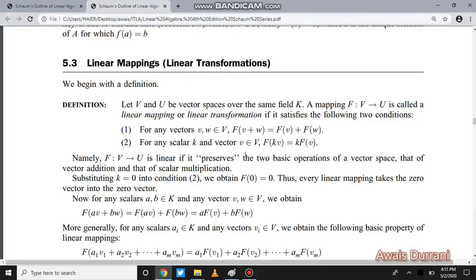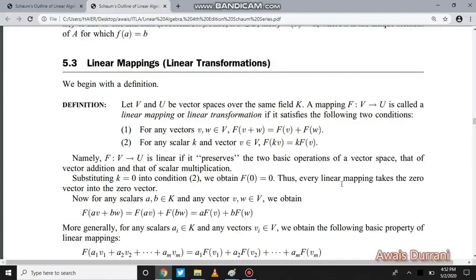And it is observed that this linear transformation preserves the property of addition, which is one of the basic properties of vector spaces, and similarly the scalar multiplication. And I explained earlier that if I put v equal to 0 here and a equal to k over here, then I get f of 0 is equal to 0.